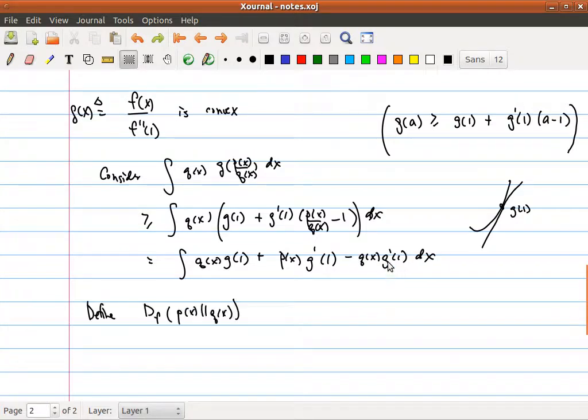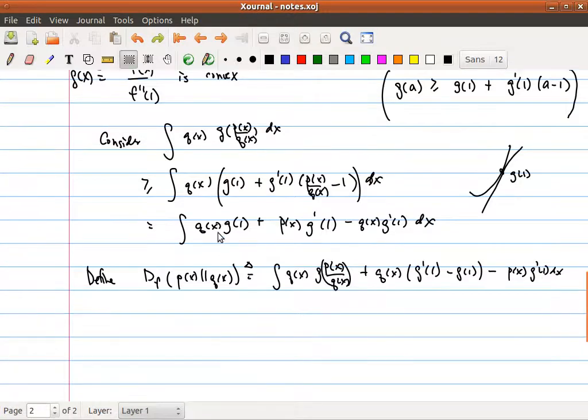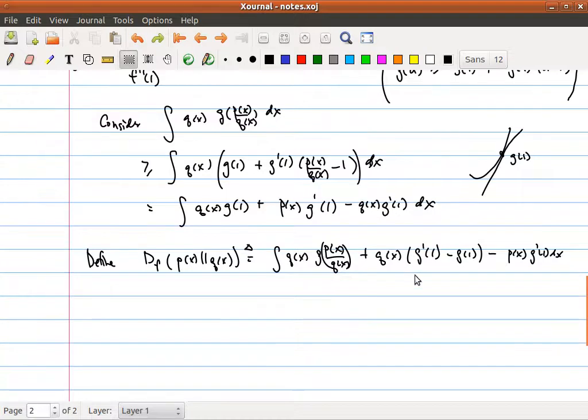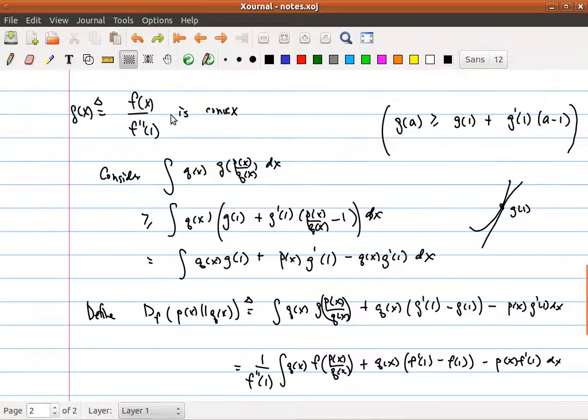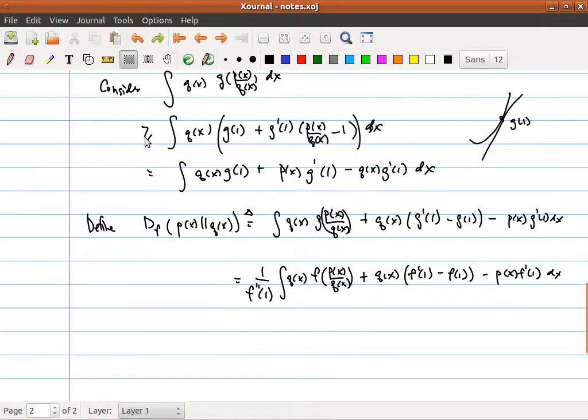Now let's define the f-divergence basically as this expression minus this whole thing here. I just regroup the terms like this, and then I substitute g by f, g(x) by f(x) over f''(1). So I have this here, and this is our expression for the f-divergence.